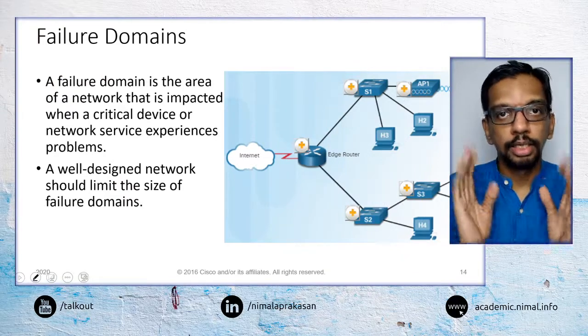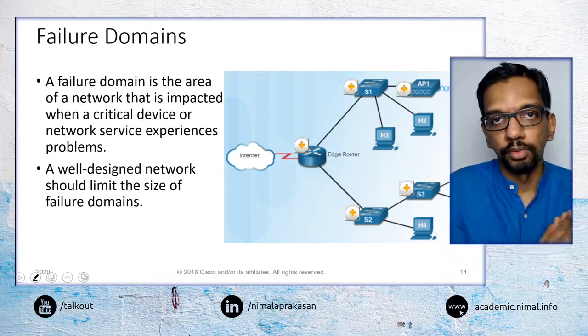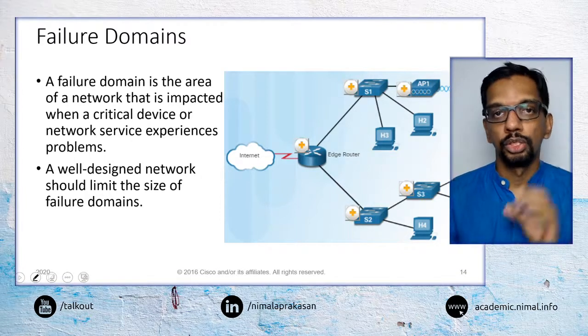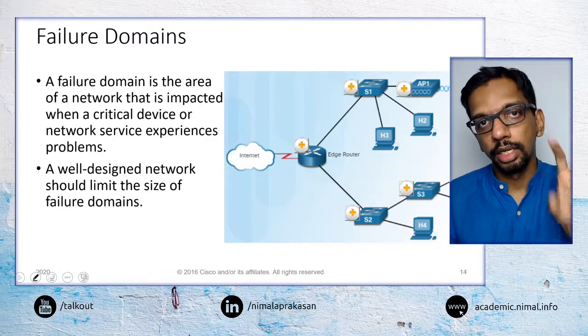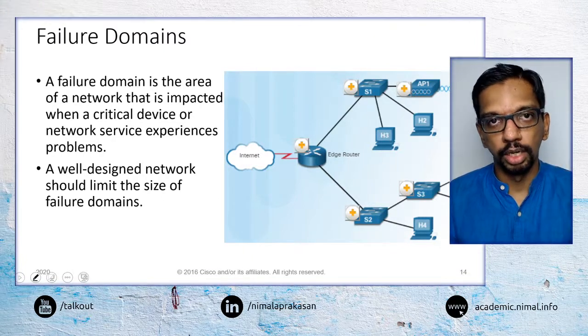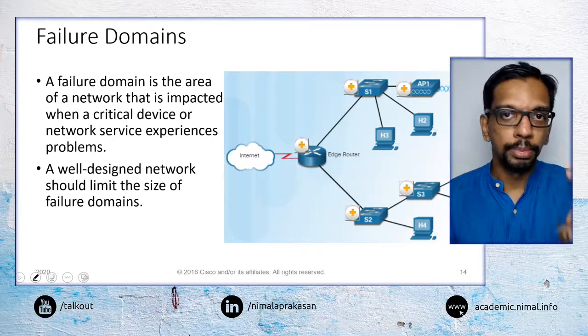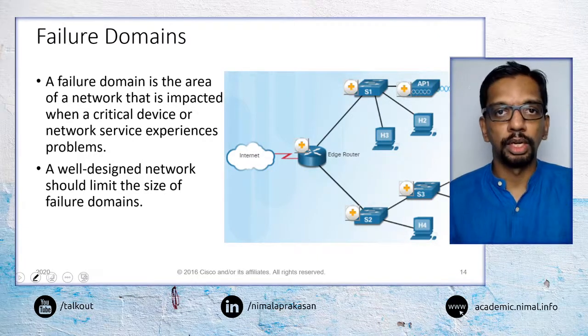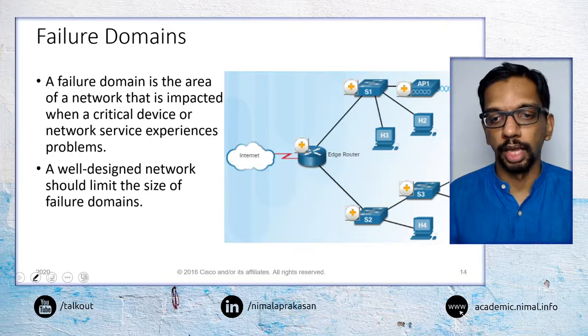Another related concept to redundancy and availability is what we call failure domains. So what we identify in a network as a failure domain is what happens if a device fails and which parts of the network will be affected by that.